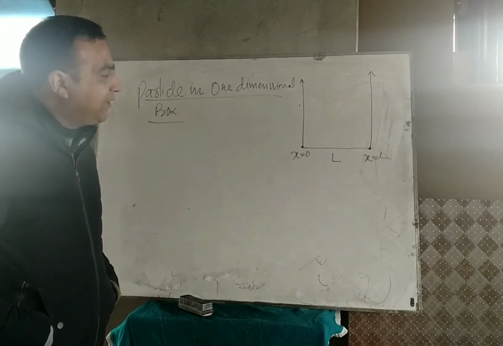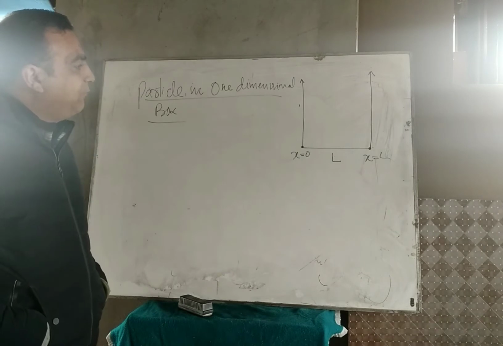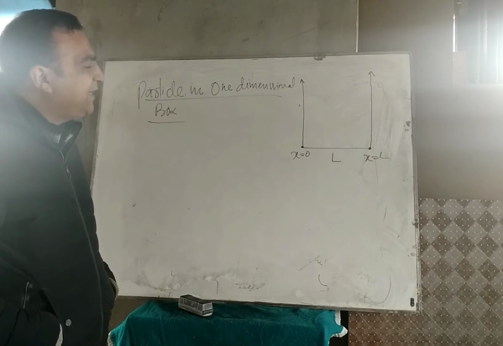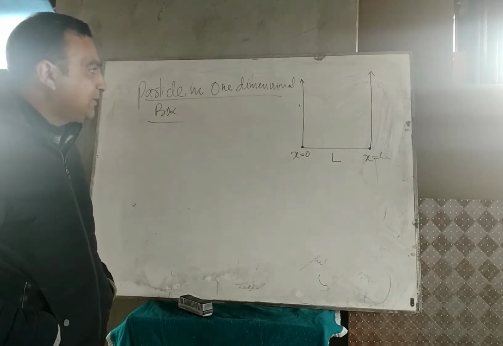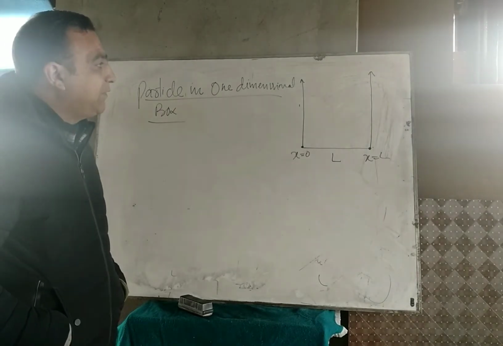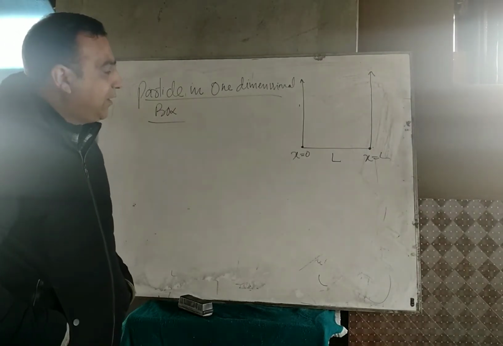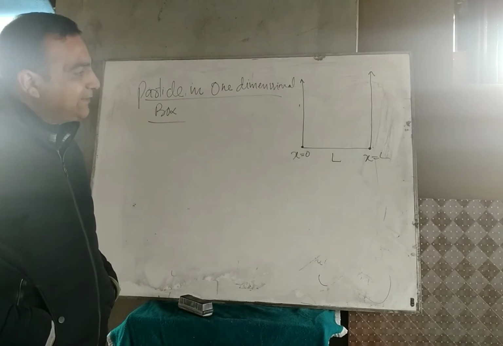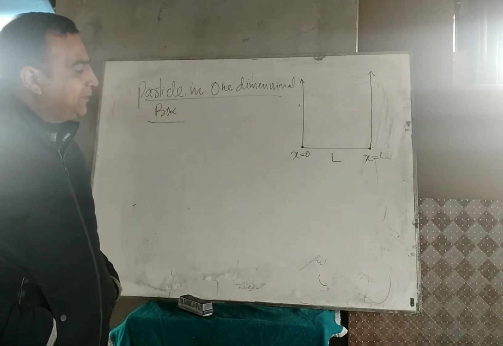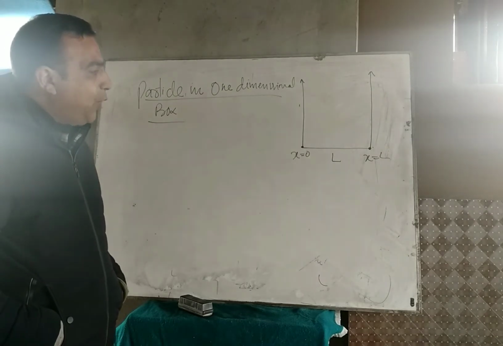To make you familiar with the problem, we have a one-dimensional box. This box has infinitely hard walls. In the real world we don't have infinitely hard walls, but we are assuming them here so that the wave function at the boundaries of this problem boils down to zero.